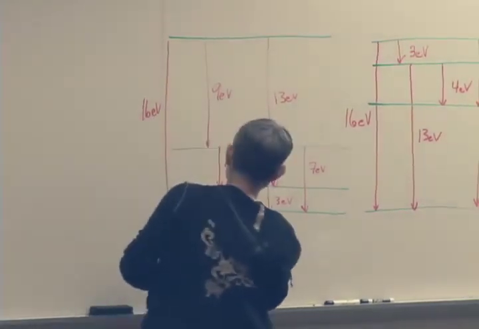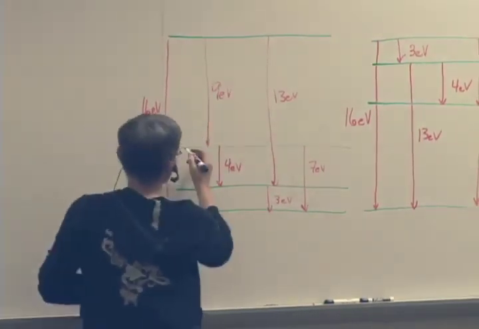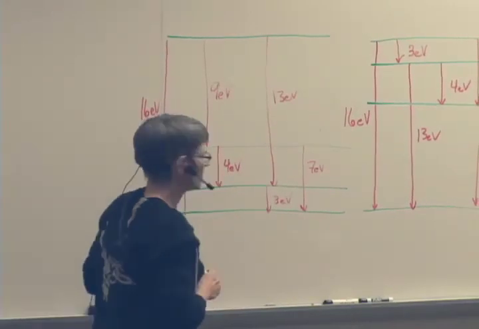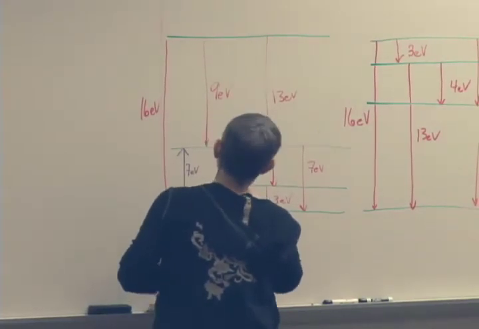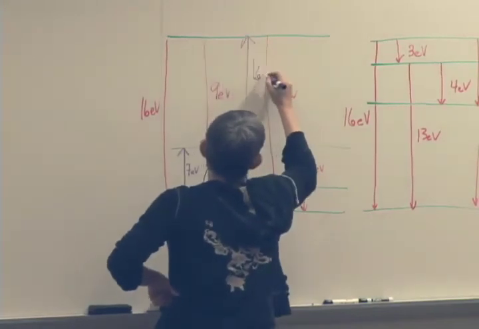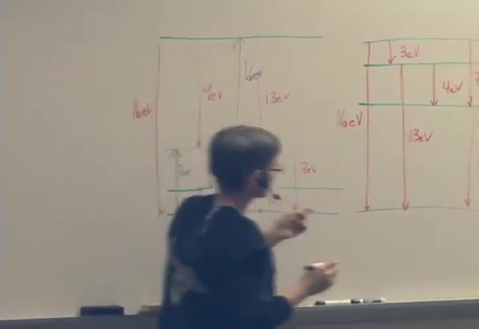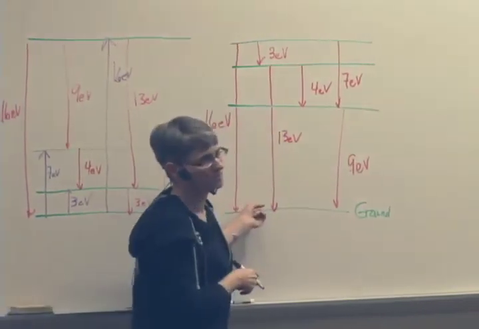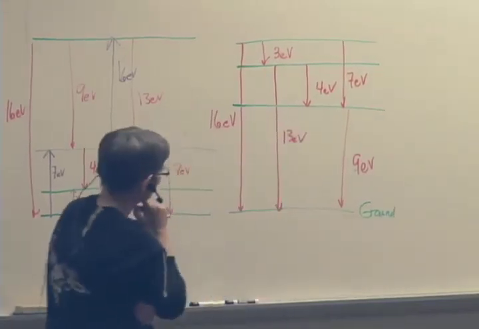Now, everything's in the ground state, so you said 7, so this is absorption going up, so that would be 7 eV, wouldn't it? What else? 3 eV. And 16 eV. And that's it, isn't it? What about this one? I'm not seeing it. Oh, 9.